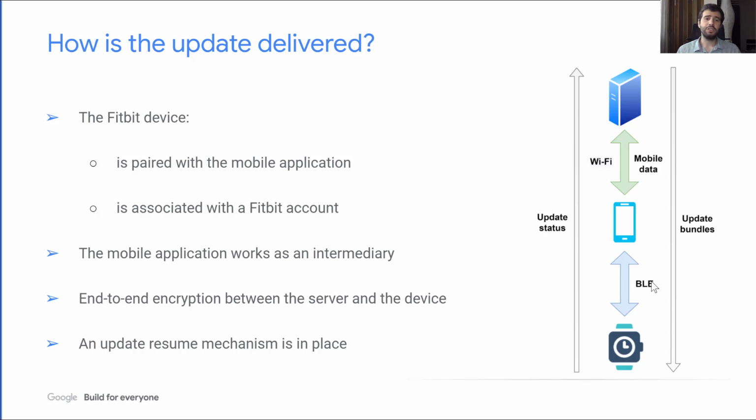For security reasons, the firmware update image is encrypted end-to-end between the server and the Fitbit device, and the mobile device only acts as an intermediary. Also, in case something goes wrong with either of the two connections, a resume mechanism was implemented to avoid downloading the entire image again.